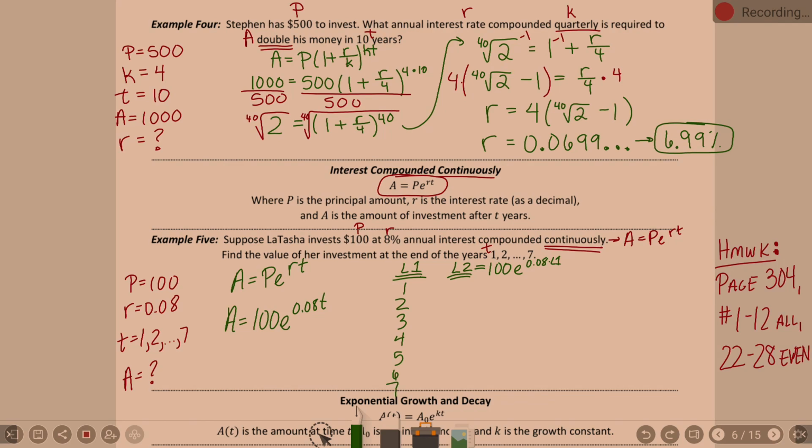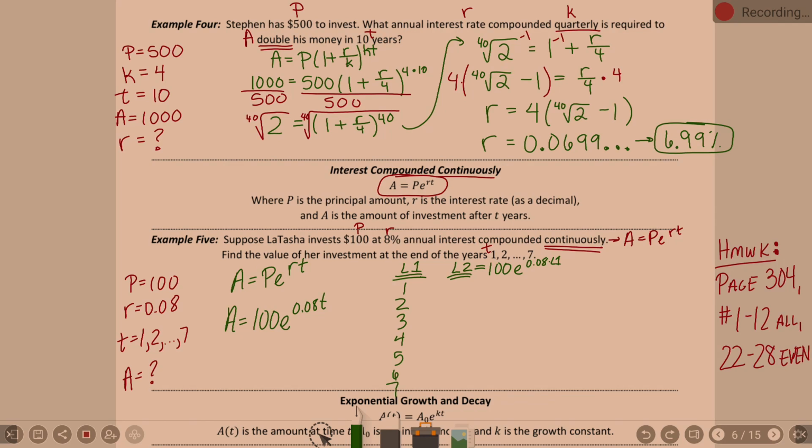My formula looks like that. When I hit enter, I'm going to have 7 answers. Good? Now, do you have to use that method? Absolutely not.